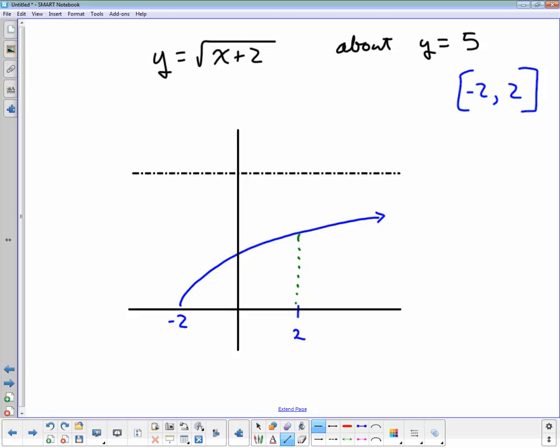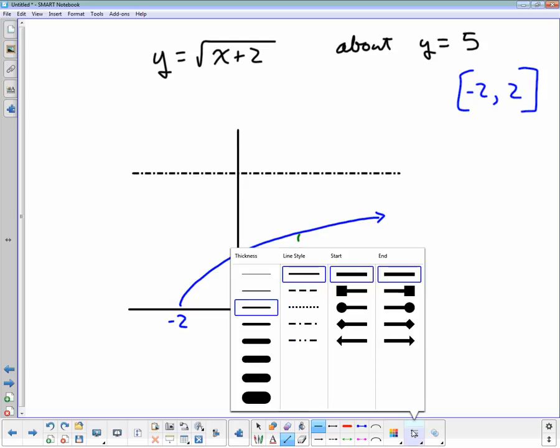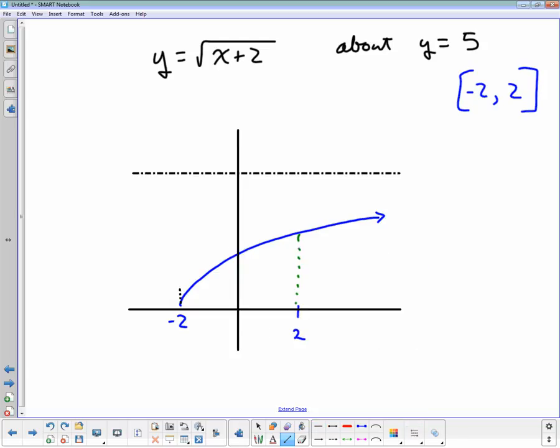So the area that I'm really integrating around is this object that's being spun about the line y equals 5.